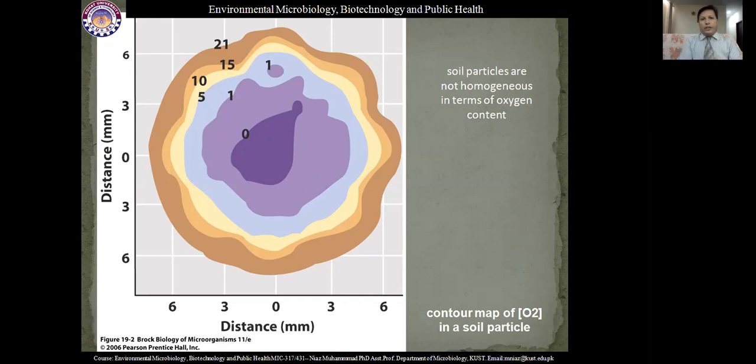So as students of microbiology, we can understand that in the center of the soil particle, where the concentration of oxygen is very low, it will not allow the growth of aerobic microbial populations. Only anaerobic microbial growth will take place over there, and anaerobically they can decompose any pollutant.